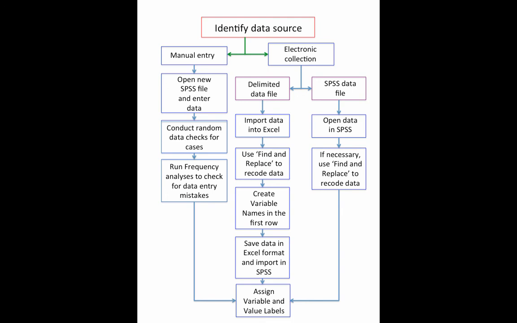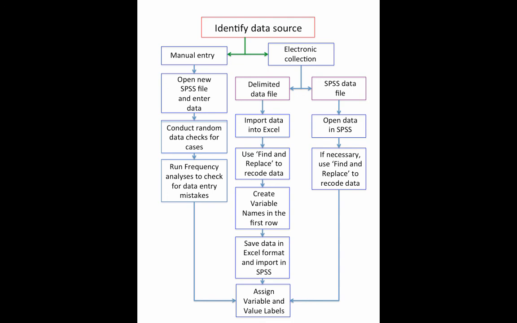Technically, if we imported it in as a comma delimited file, we could save it and retain the comma delimited format, and then simply read that file into SPSS. But in most cases, SPSS will read Excel without any problems, and so our workflow may simply say, okay, now that we've got everything cleaned up, let's go ahead and save it in an Excel file. Right? And then we'll import that Excel into SPSS.